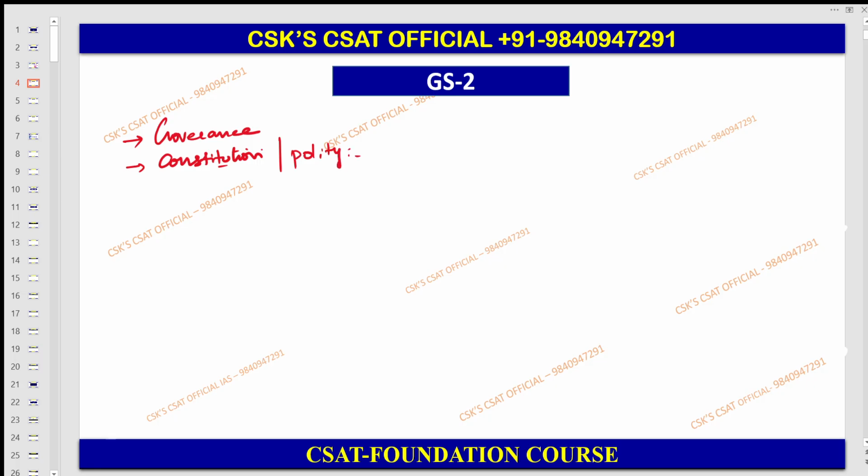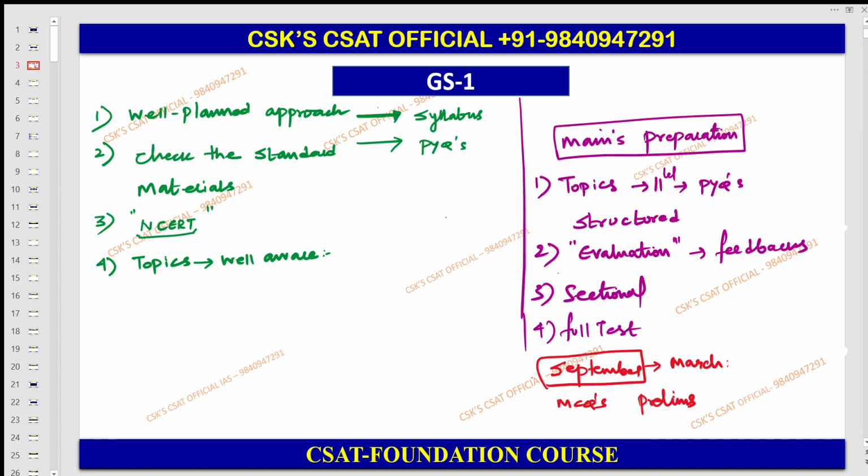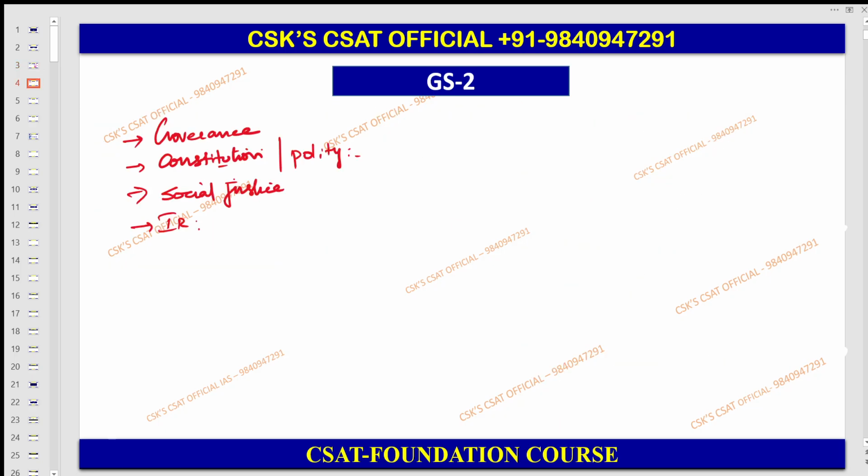Then you can do social justice, which plays a very vital role. Then IR, international relations, very important. Whatever we have discussed here, like NCERT, syllabus and the PYQs, the structured evaluation, you can adapt here also. Then gradually September, then October, November, likewise you need to increase your MCQ solving ability also.